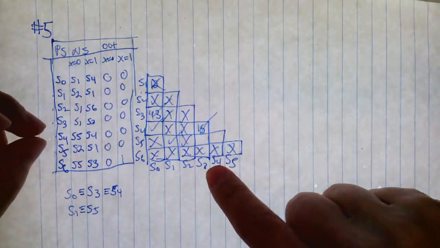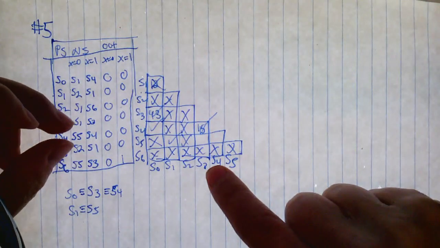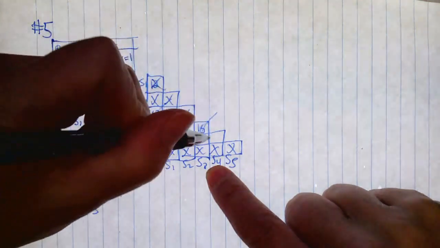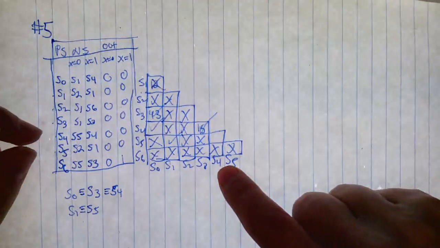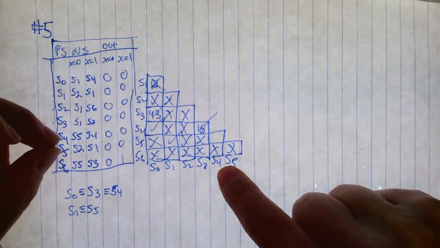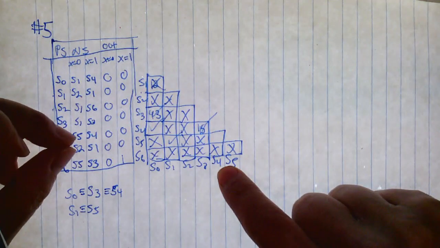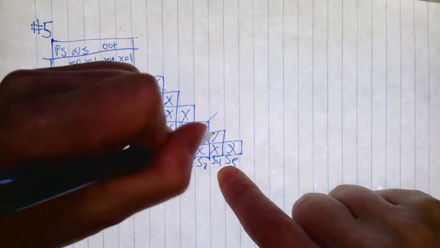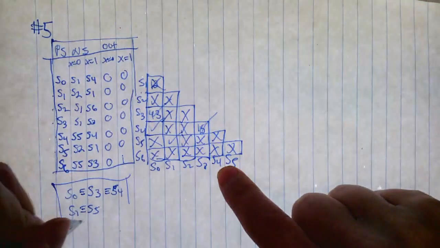So here comes S3 and S5. S3, S5 is true if S1 equals S2, and it does not do that. And then S4 is equal to S5 if S2 is equal to S5, and that is not true. So there you go. That's what we're left with.